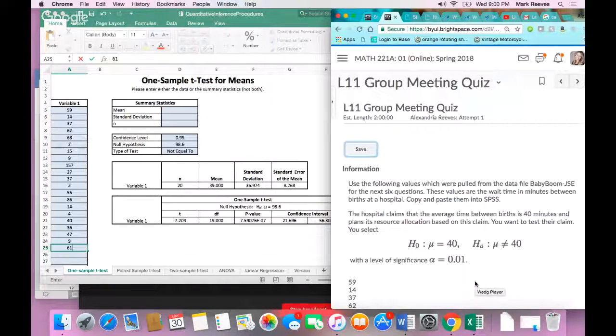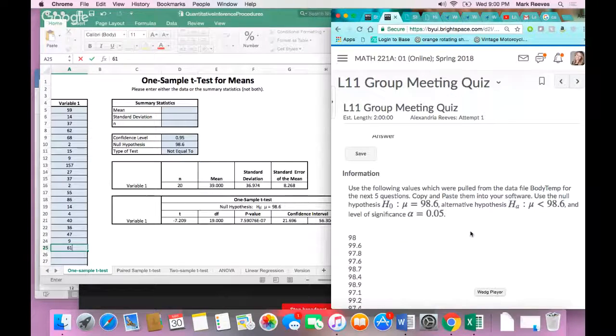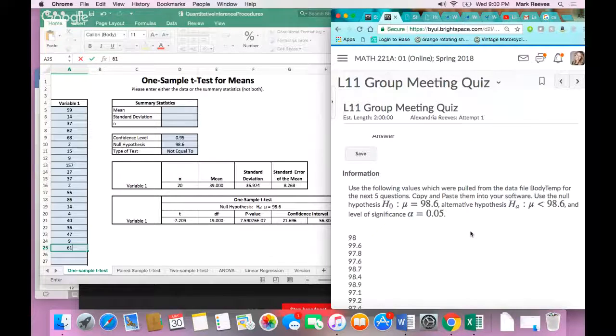Mm-hmm. So are we supposed to assume that that p-value is the answer? I think so, which means it's 0.001? Because to the -7th, doesn't that mean we move it 7 places over, or what does that mean? I forget.